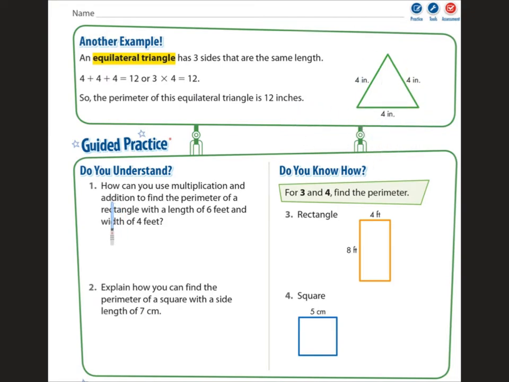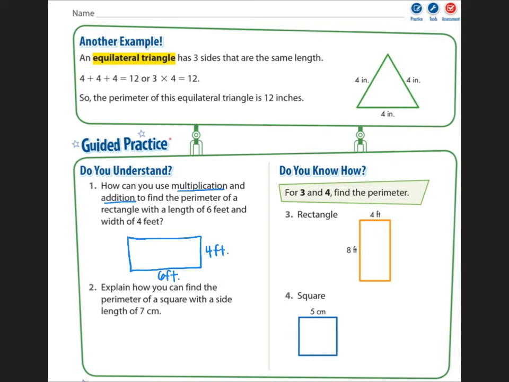Now, how can you use multiplication and addition to find the perimeter of a rectangle with a length of 6 feet and a width of 4 feet? Here we go, I'm going to show you. We're going to draw out our rectangle. We know that a rectangle has 2 opposite sides that are the same length.